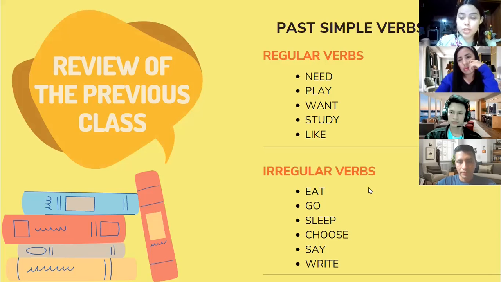Correct. So William, what is the past form of the verb eat? The past of that verb is ate. Ate, correct. Eat, ate. This verb changes totally.